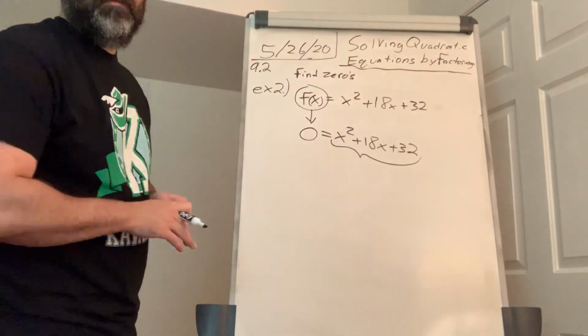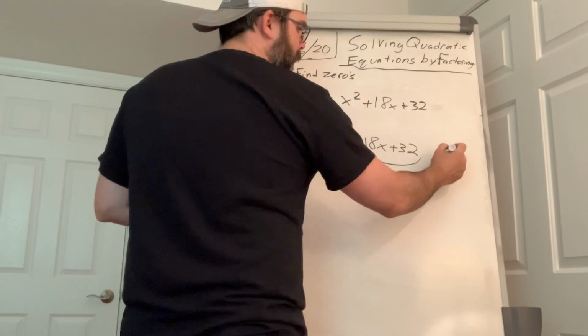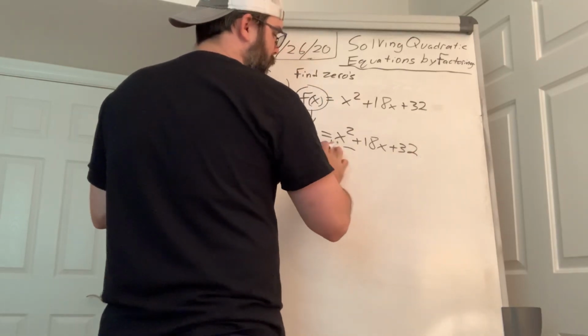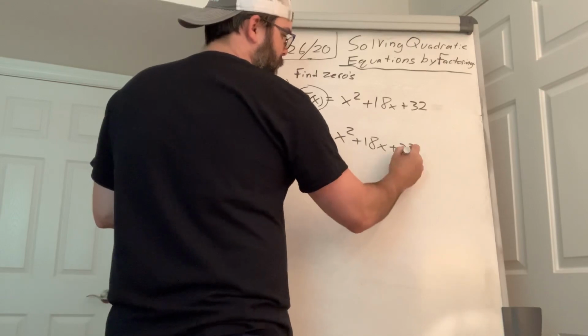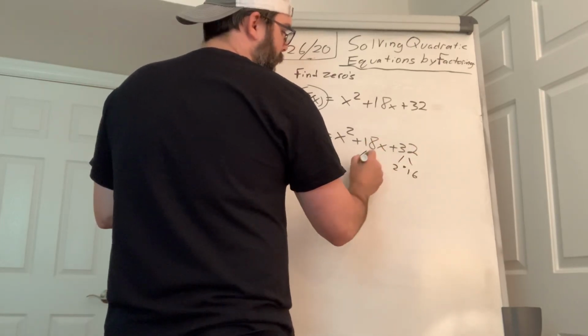So remember, we're looking for two numbers that multiply to give us 32 and add to give us 18.